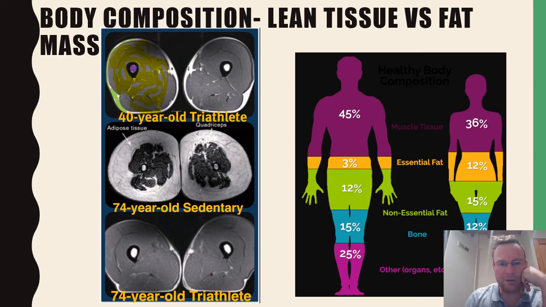Now if you go to the picture below, you've got a 74-year-old sedentary person, so someone who doesn't exercise, and if you look at the width of that bone in the middle, can you see how much thinner that is? You then look at the yellow space for that muscle. This is the dark bit here. I can't even colour it in yellow because it's so dark and stringy.